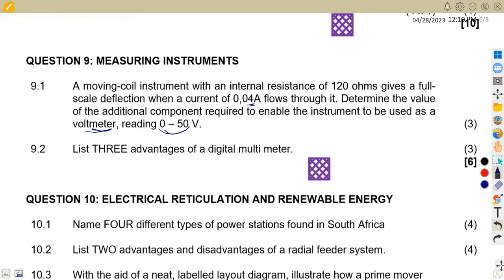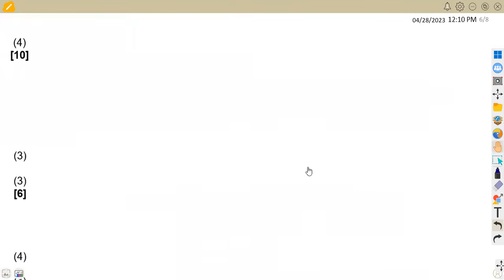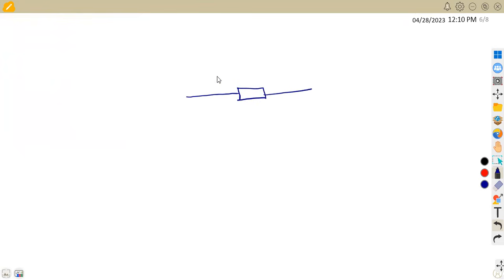So in this case, we are going to connect it as a multiplier. Take note, we have the meter, and the series resistor is the one that acts as the multiplier. So the multiplier is your series resistor, or R series, so that we do not confuse it with the M that I'm going to use for the meter.